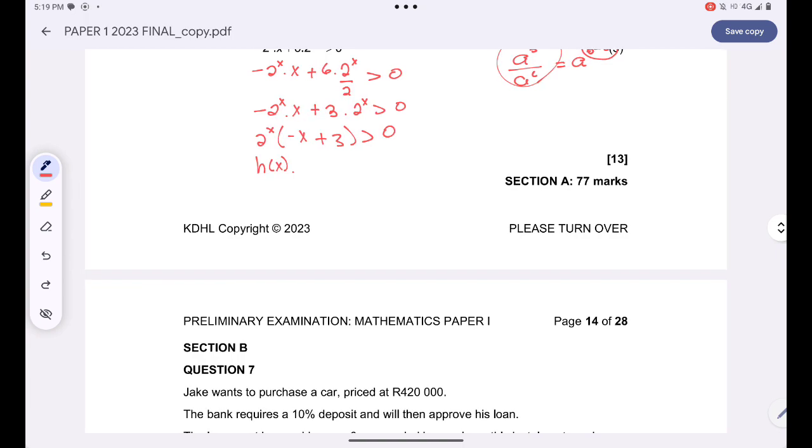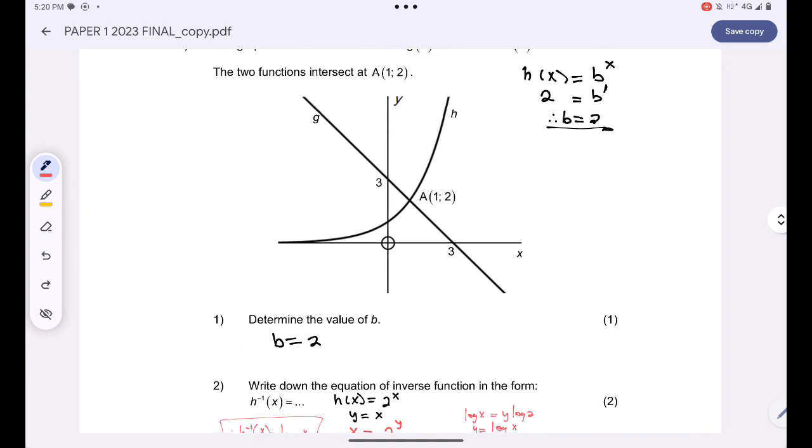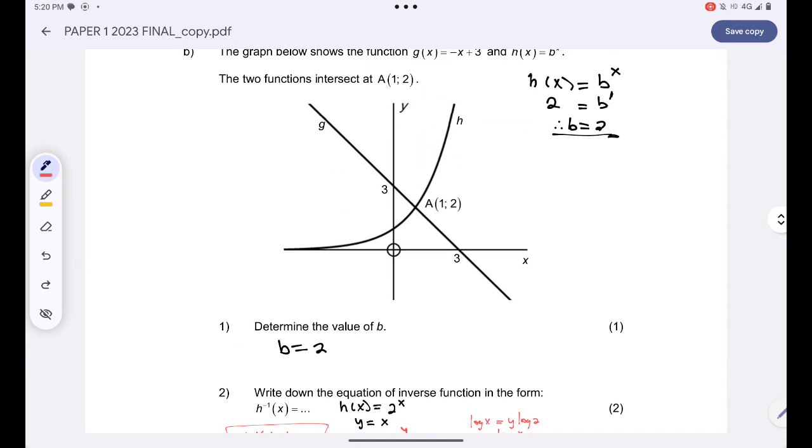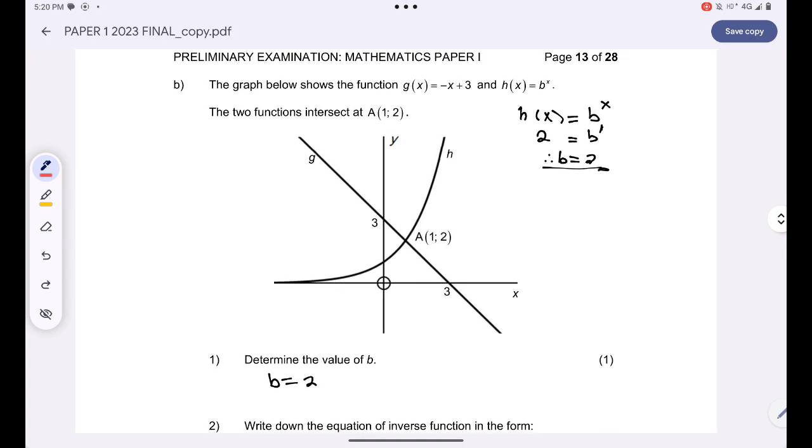So they want us to find the values of x whereby the product of both h and g is greater than 0. Basically, they want us to find the values of x whereby both of our graphs are above the x-axis or they are below the x-axis at the same time. Are you together? But the graph of h of x is never below the x-axis.